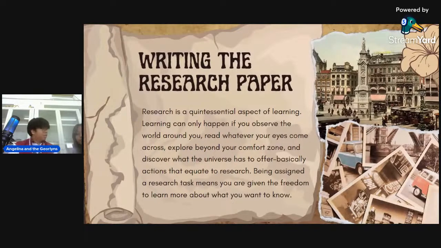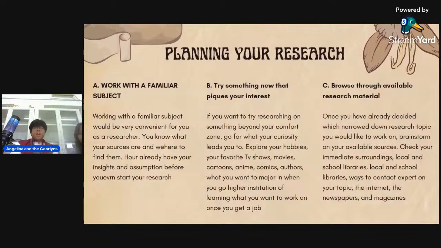So here we have planning your research. First, work with a familiar subject. Of course, we need to work with a familiar subject when it comes to planning research. So it will be easier and it would be more convenient for you as a researcher.